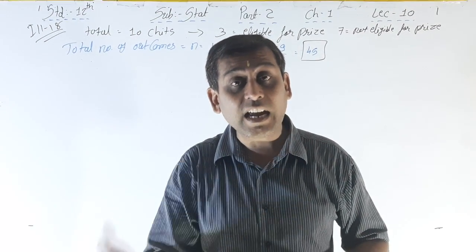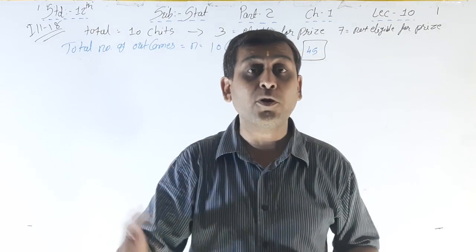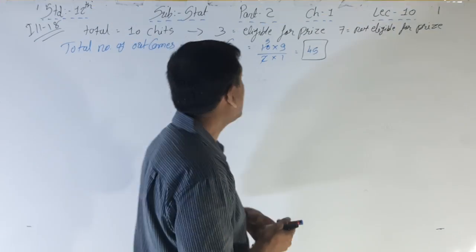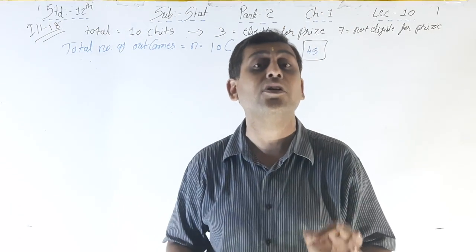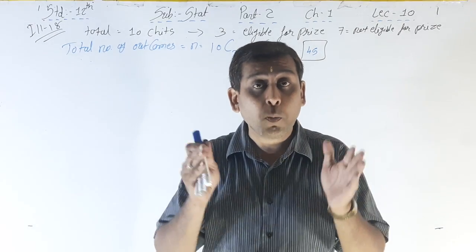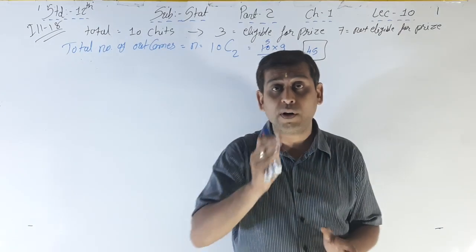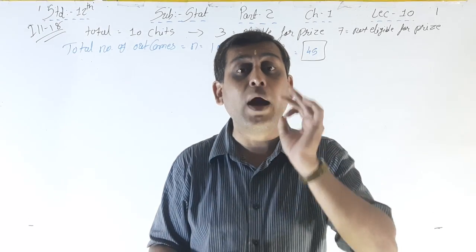And the second possibility is that here he gets 2 chits from all 3 chits which are eligible for the prize. So here and, or both are there. Whenever 'and' is there we have to multiply, whenever 'or' is there we have to add.